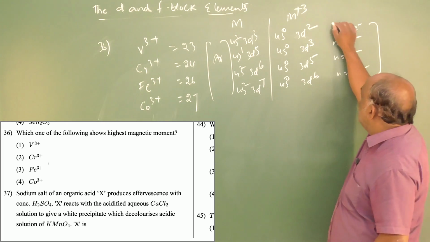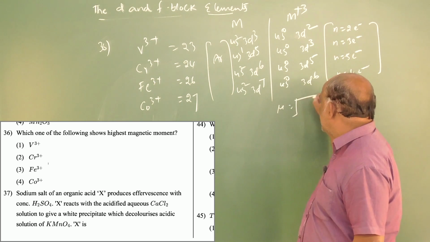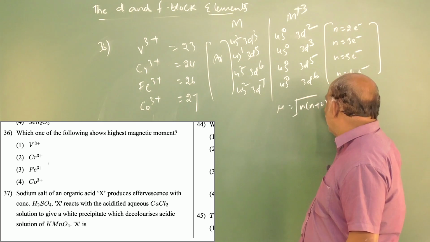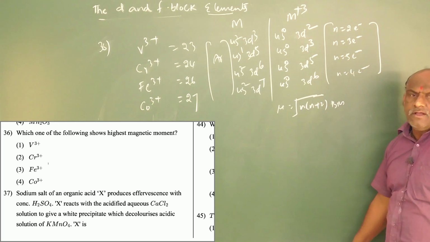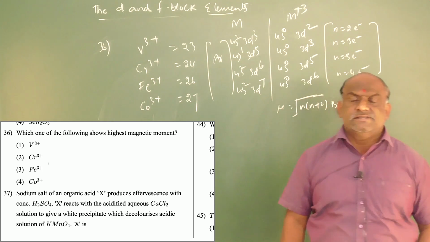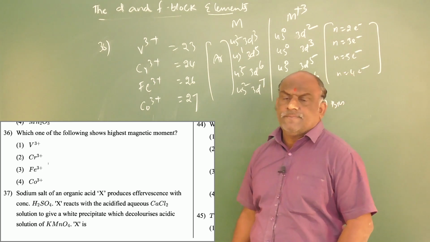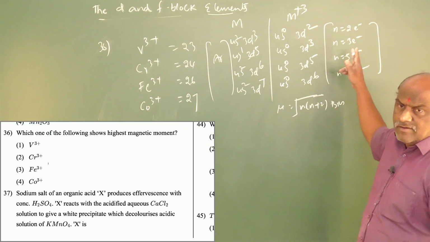To calculate the magnetic moment, the formula is mu equals root over n(n+2) Bohr magnetons. The n value is more for iron 3+, whose configuration is 4s0 3d5, meaning 5 unpaired electrons are present.